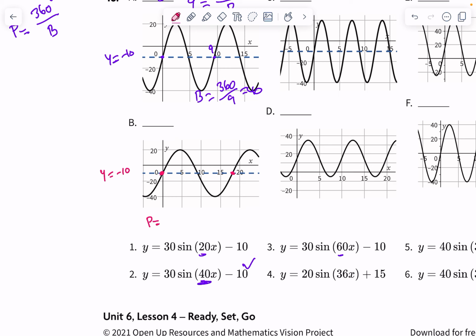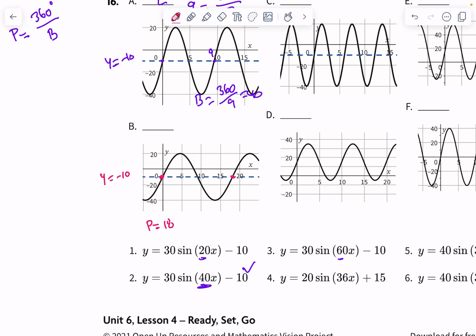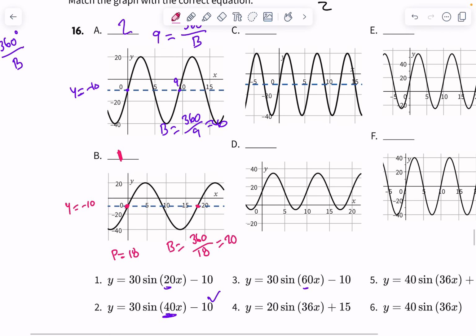I would say that's about 17, maybe 17 or 18 even. Let's call it 18. Then my B is 360 all over 18, which is about 20. So right off the bat, that would be 1. So A is 2, B is 1.